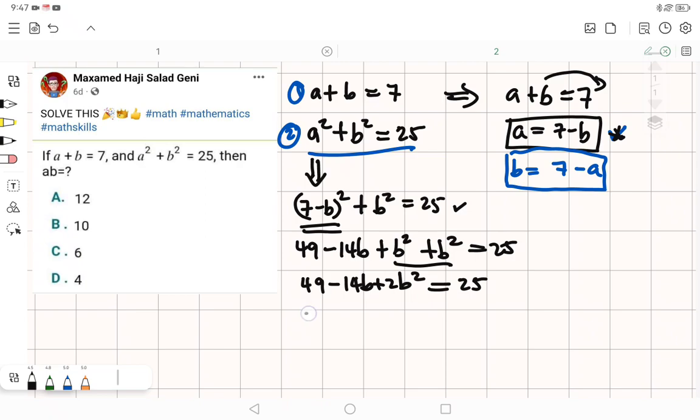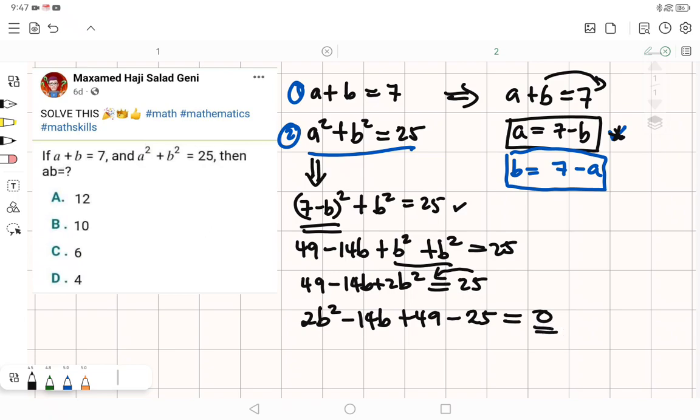So we have 2b squared minus 14b plus 49, and then we transpose 25 to the other side, where it becomes negative. So the right-hand side of the equation becomes 0.